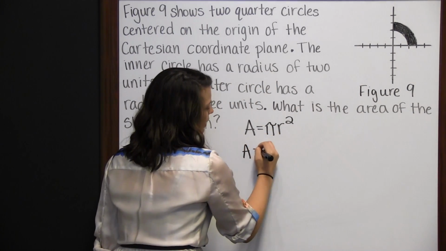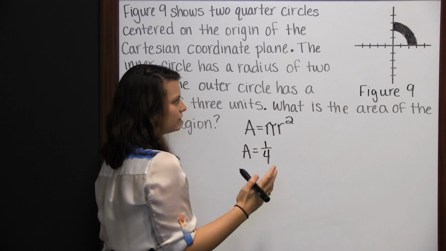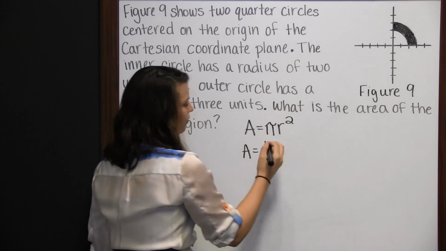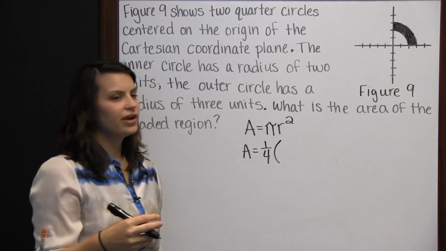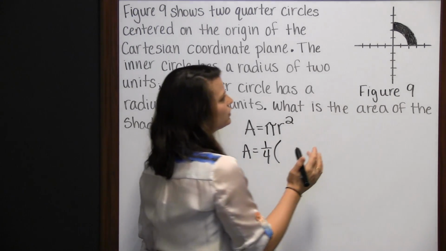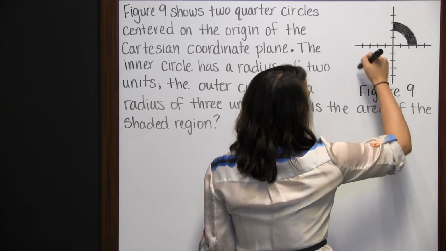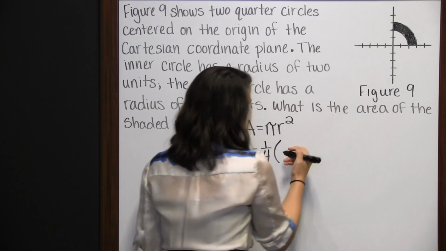So our area is a quarter of the area of these circles. And then we need to find the area of just the part between those 2 circles. So that would be the area of the large circle minus the area of the small circle.